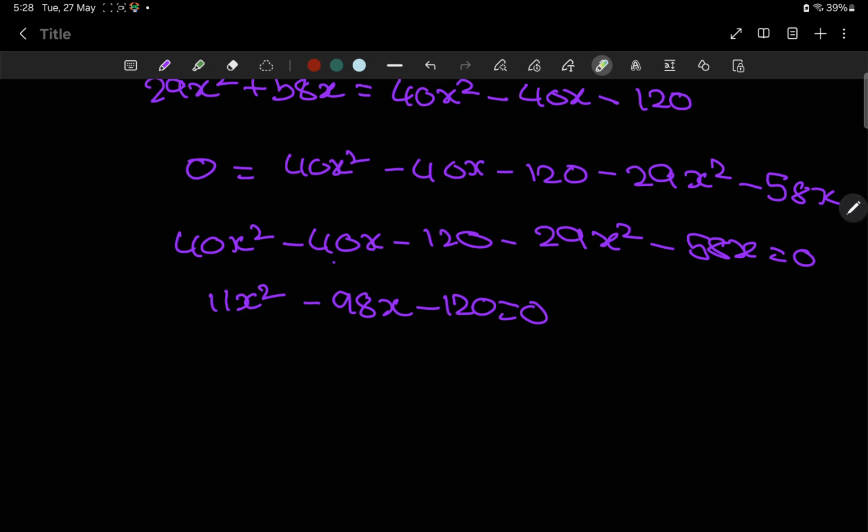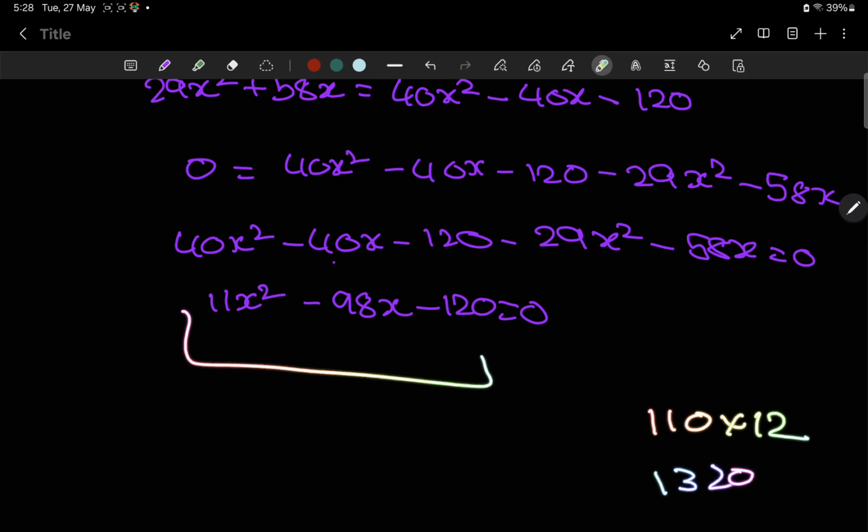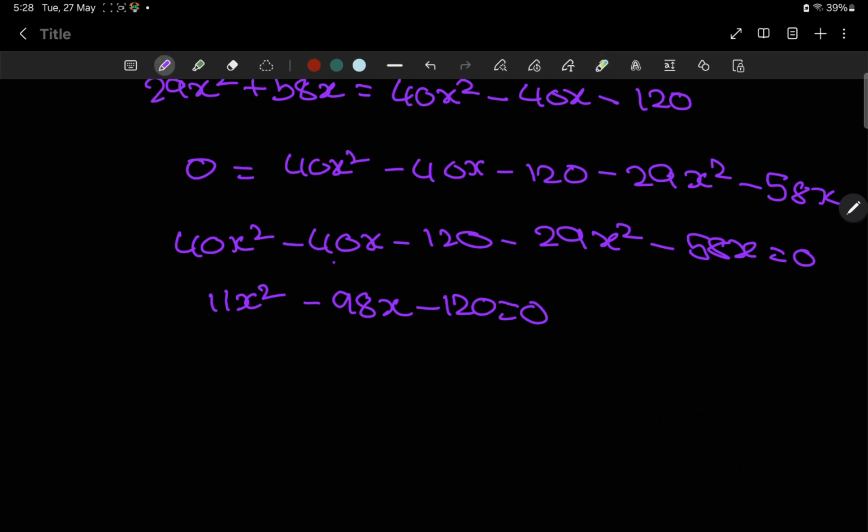So 11 into 120 gives 1320. So with this we have to factorize this 98. Okay, let's see what is 110 into 12. It's 1320, as we got by multiplying this 11 with 120, right? So we have to factorize with that.